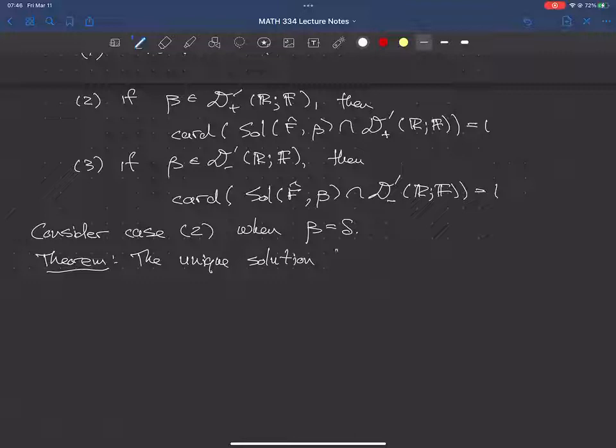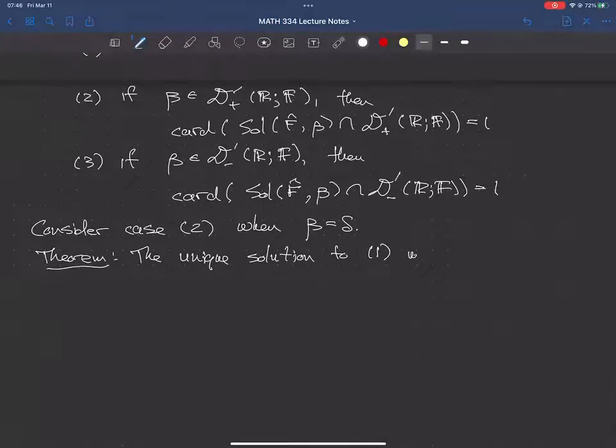So the unique solution to the scalar distributional differential equation 1, in the set of distributions whose support is bounded on the left, when beta is equal to delta, is, okay.